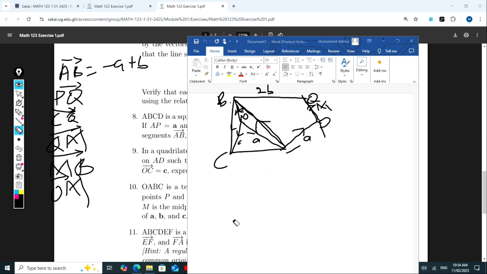The next one is PQ. PQ will be equal to, so let's find OQ by joining O to Q, and OP.